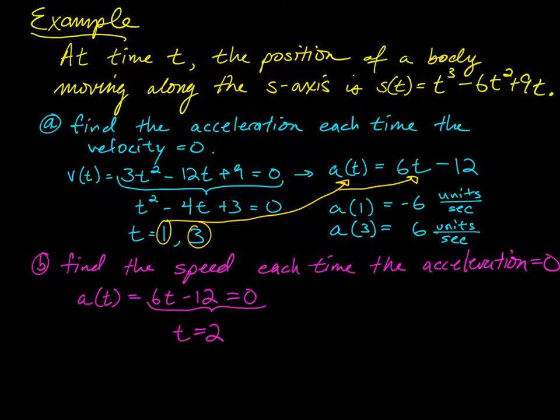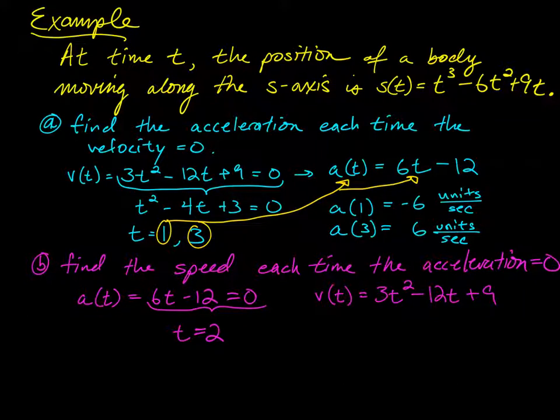So that's great. We know when the acceleration equals 0, but we need to find the speed at that time. The correct way to go about this is to use the velocity function. Again, not the simplified one. We have to use the original velocity function. So that is v of t equals 3t squared minus 12t plus 9.